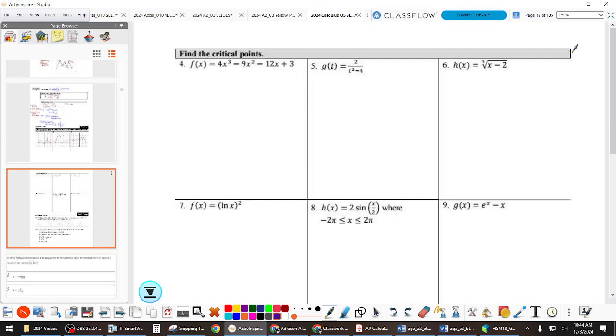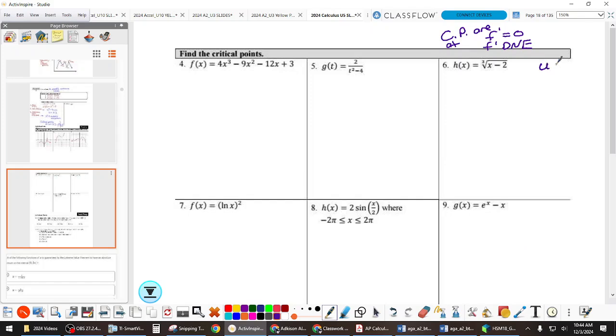Okay, so finding the critical points. So remember the critical points are at f prime, where f prime equals 0 or f prime doesn't exist. So first is to take the derivative, so h prime.